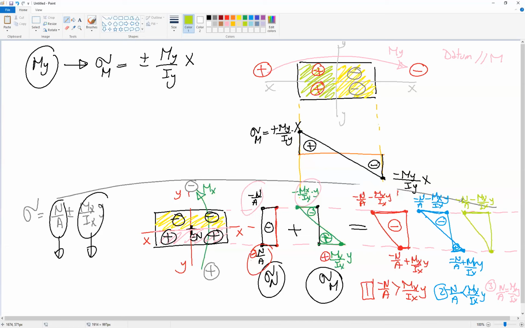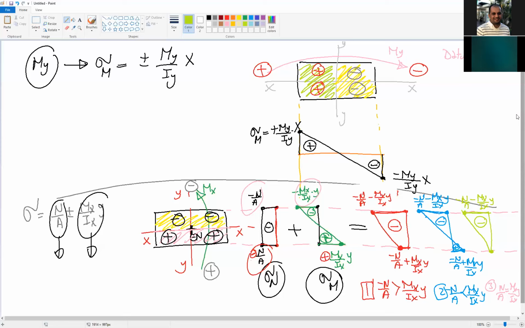So this is our stress distribution here, and the whole section will be under compression. In any problem we may have three options, but only one of them will happen. We have three options only because we are dealing without numbers. Do you have any problem with this equation or stress distribution?